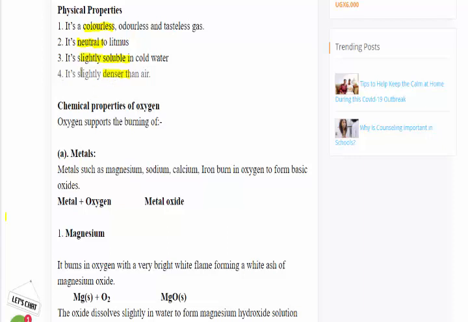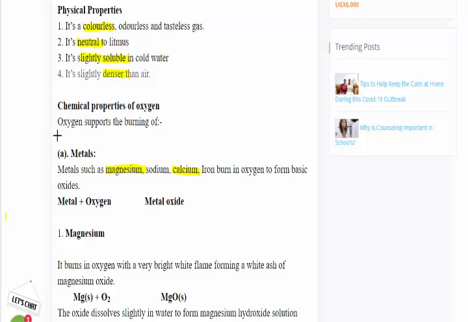Oxygen supports the burning of both metals and nonmetals. Let's start with the metals. Metals such as magnesium, sodium, and calcium burn in oxygen to form basic oxides.